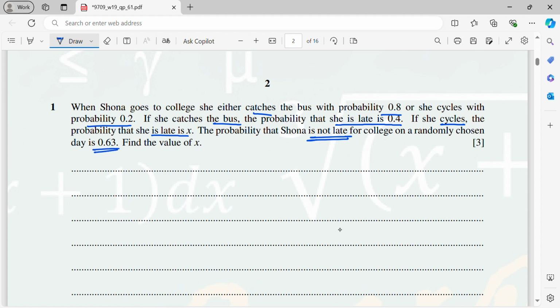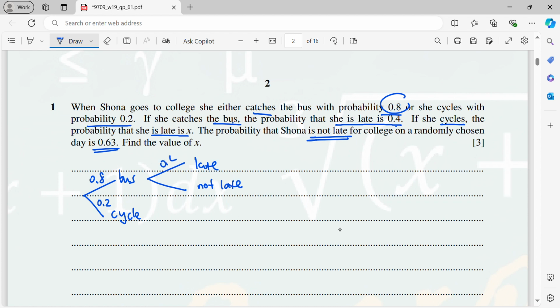Okay, so for this, I will show the tree diagram first. This is bus, and this is cycle. The bus is with probability of 0.8. Cycling will be 0.2. If she catches a bus, then she will be late with 0.4 probability. So this is late, this is not late.